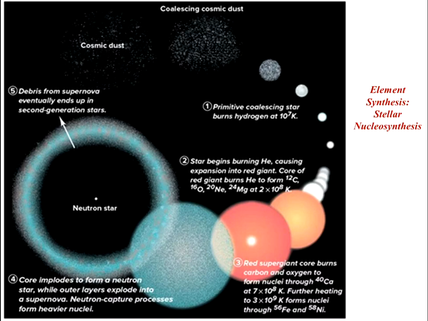And ultimately then, the red supergiant core begins to burn, and carbon and oxygen will begin to undergo fusion and can form elements all the way up to iron-56 and nickel-58. And that's typically the largest atoms that will form inside of a star.